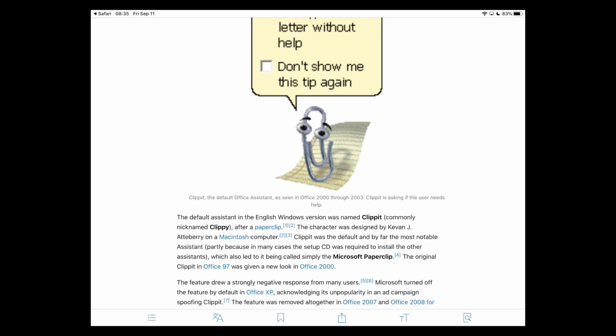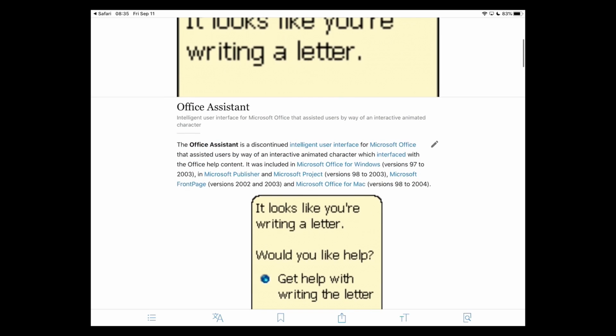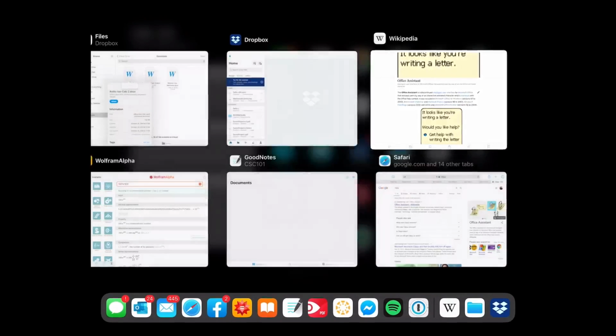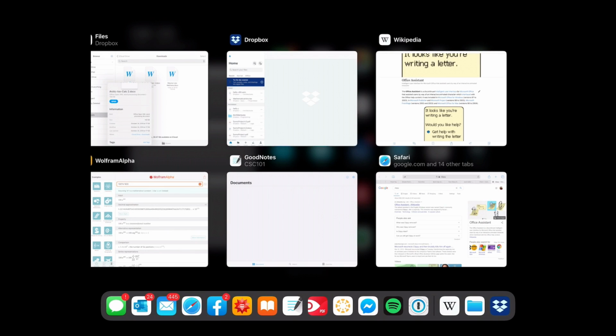Anyway, I kind of miss Clippy. So why did we bring up Clippy? Oh yeah, old school computer stuff.